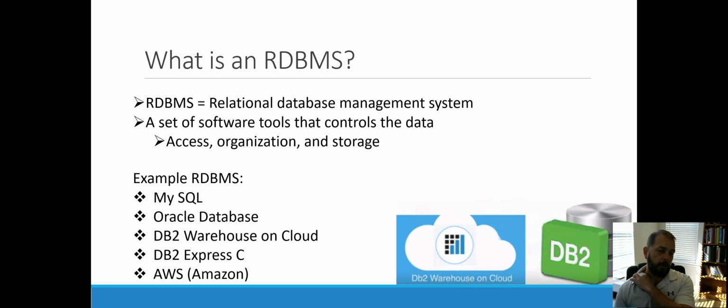You've heard me use this term, relational database management systems. This slide goes a little bit further in detail about some examples of these types of database management systems. It's basically a set of software tools that controls the way that we access, organize, and store data. Some examples of these database management systems are MySQL, Oracle, DB2, which is a big one, and AWS.